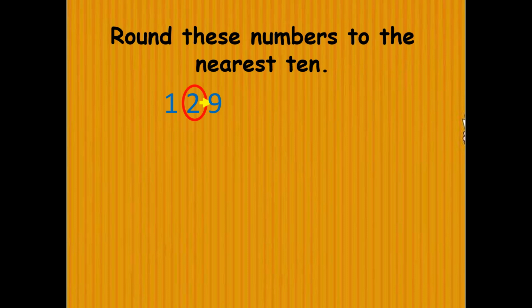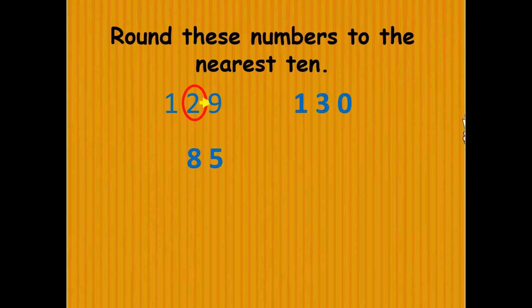Is it round up or round down? Yes, the answer is round up. That means 29 is nearer to what number? Is it 20 or 30? The answer is 129 is nearer to 130.